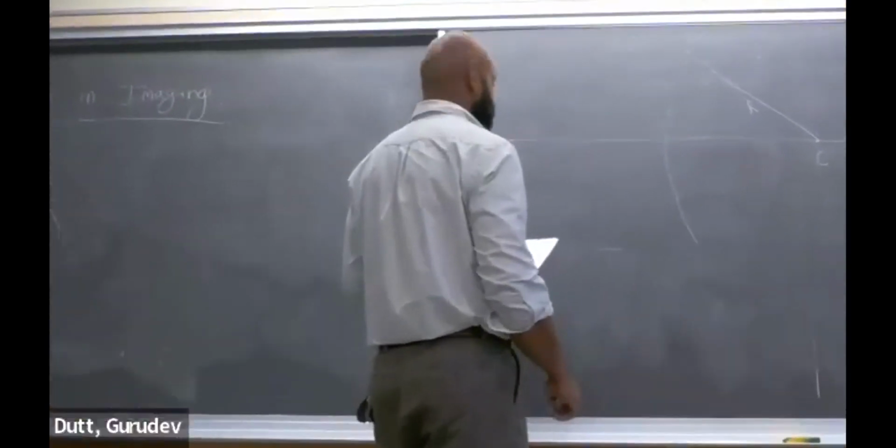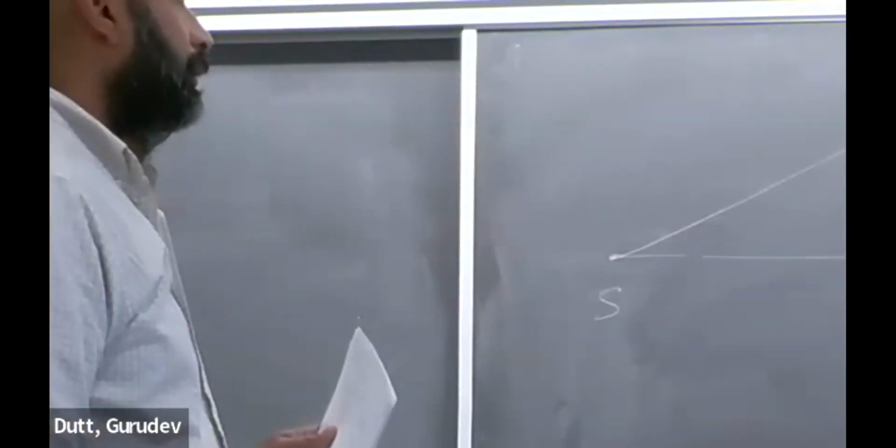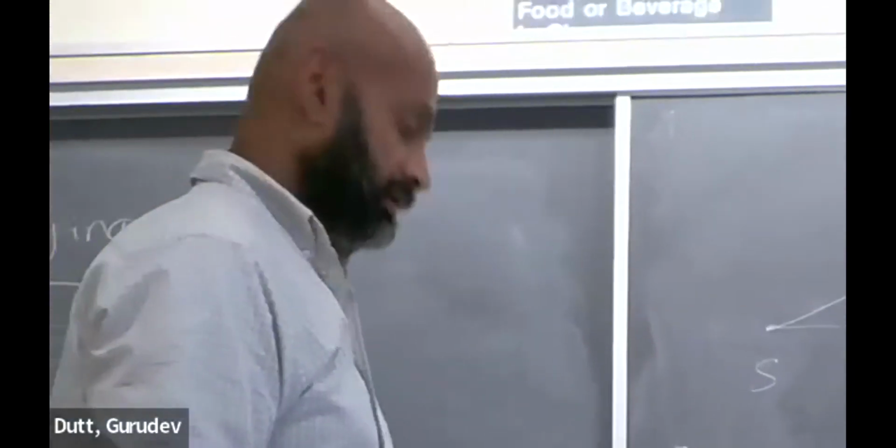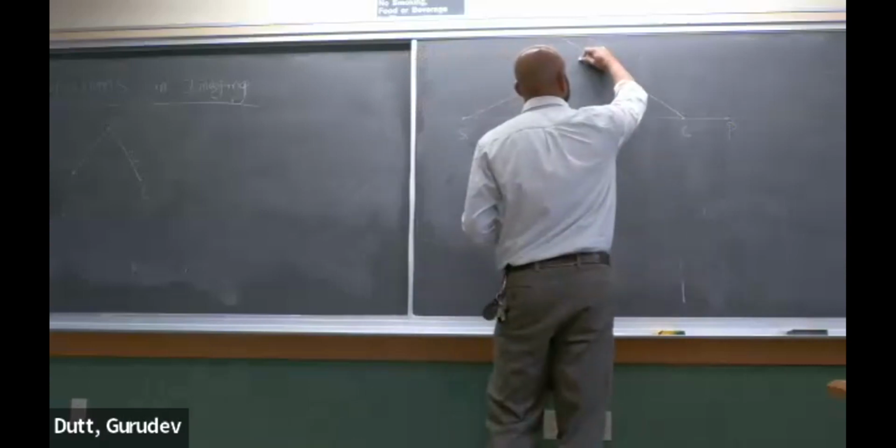Now if I take a ray that goes from here up to here, remember the radius of a surface makes a 90-degree angle to the tangent to that surface. So this is the normal to the surface at this point. That is, the radius is the normal to the spherical surface, which is pretty clear.